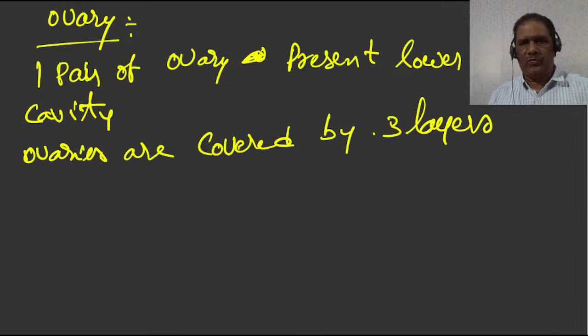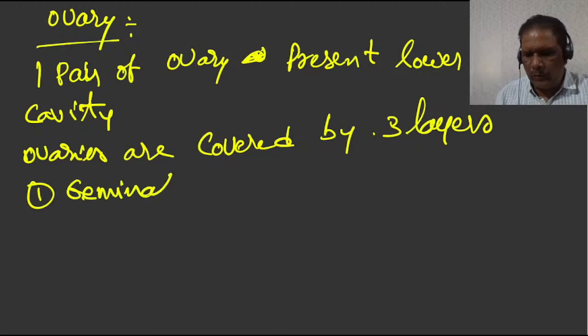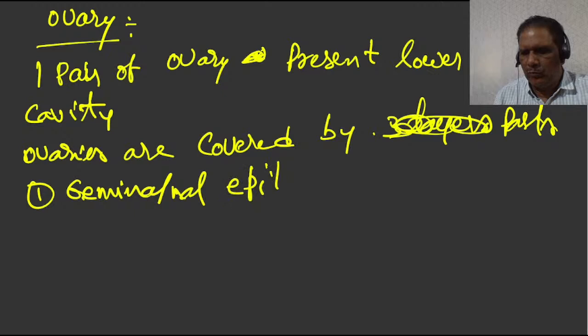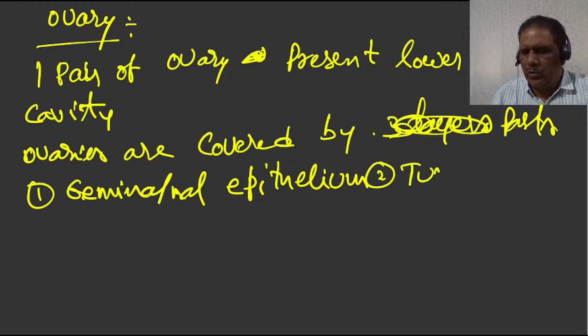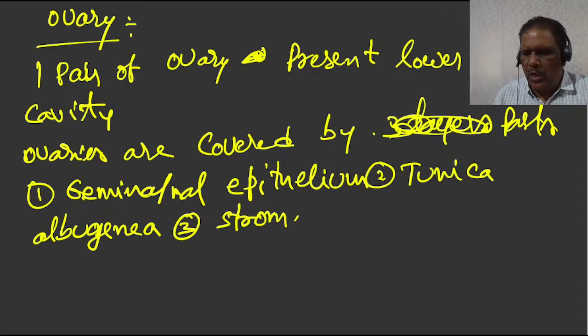What are these? One is the germinal epithelium, the second is the tunica albuginea, and the third is the stroma. These are the three parts.